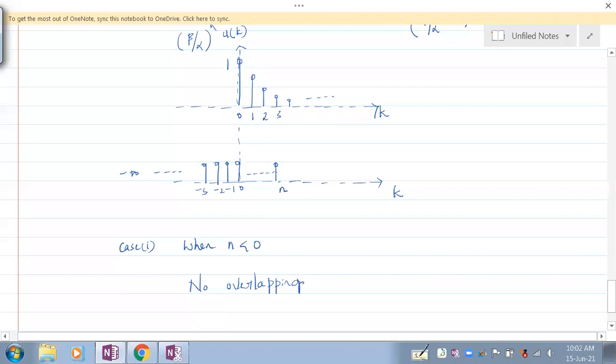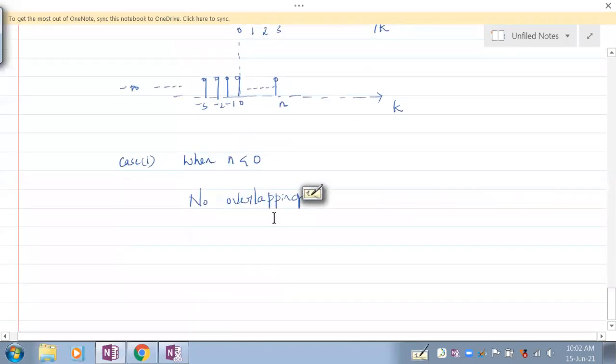No overlapping is happening. Understand that? So when no overlapping is happening, y of n is 0 for n less than 0. This is the first case.